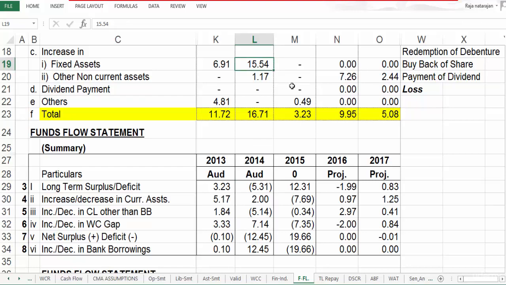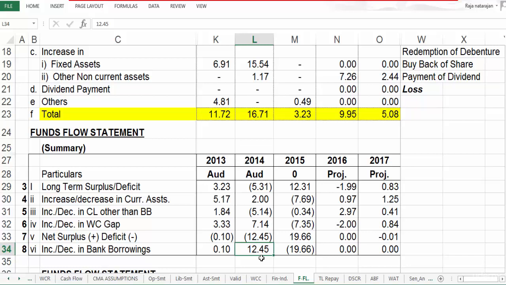Now what is the problem here? The problem is, just imagine this company gets stuck in the working capital process. Let's say some payments which are supposed to come on time are not coming. So what will happen? The working capital facility of this company will get affected. What is their bank borrowing now? It is 12.45 crore. On this 12.45 crore, month on month they have to pay interest. They have to provide a stock statement.